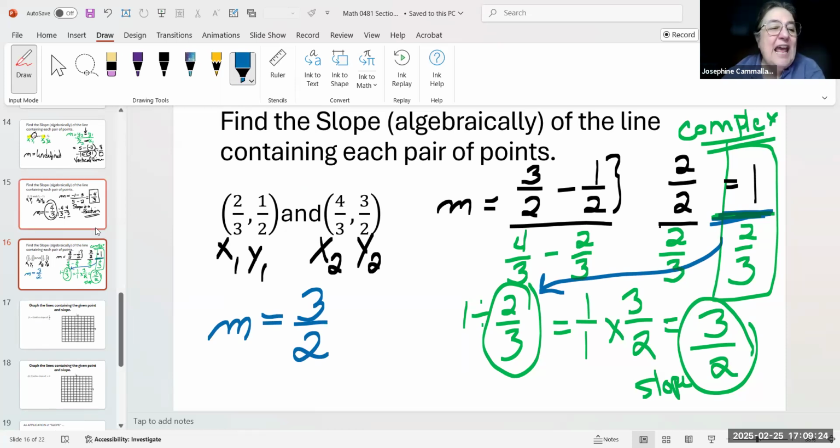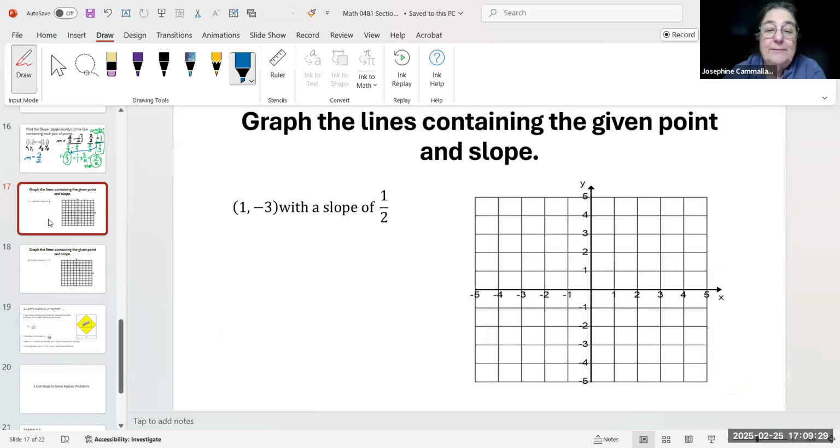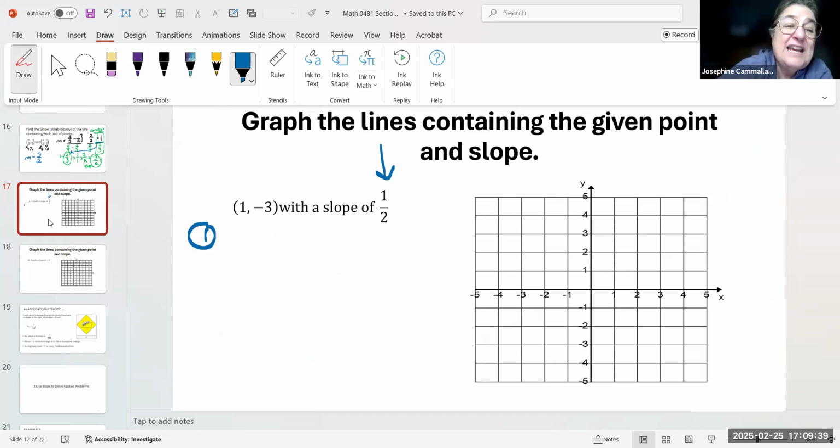Okay, the last thing we're going to do here is graphing. Okay, this is where you're going to learn to use this slope. Now, the first thing you're going to do is graph the point.